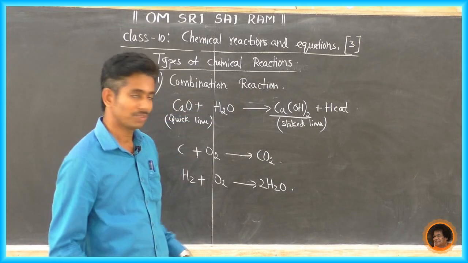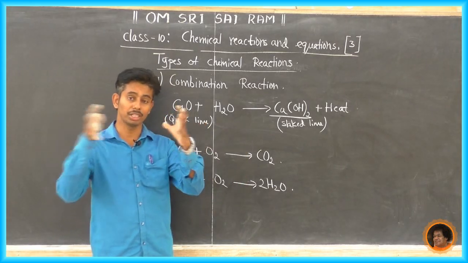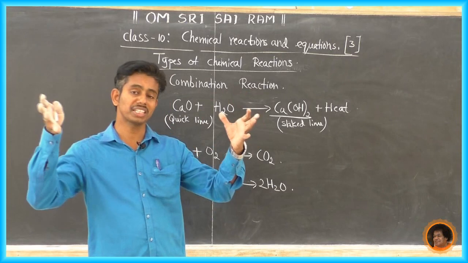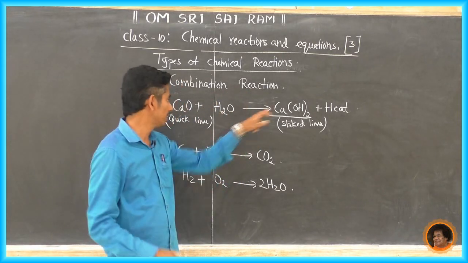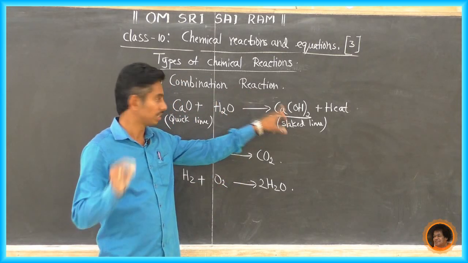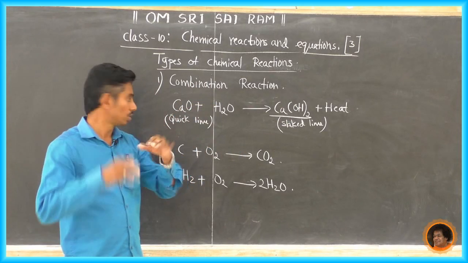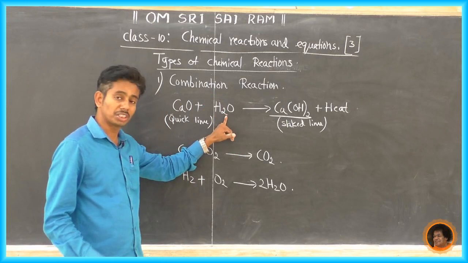Why is it combination? What is the meaning of combination? Combining. So two substances are combined to form a single product. Combination means combining. In this, calcium oxide and water are combined.